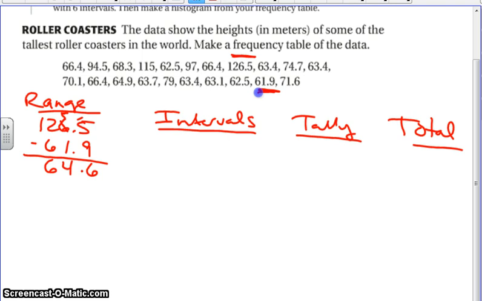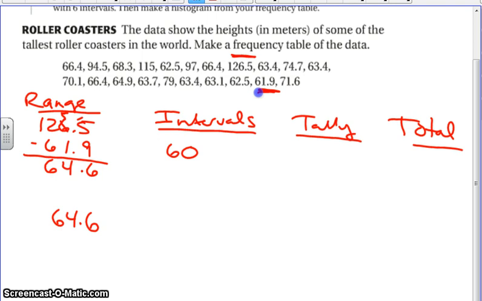Where do you think we might start? What would be a good starting number to use here? Emily? 60. 60, okay. And now we're going to take this number, 64.6, and what could we do with it if we're trying to chop it into 6 intervals?